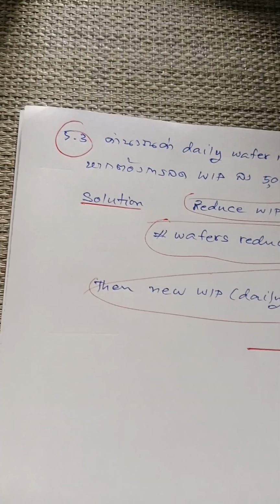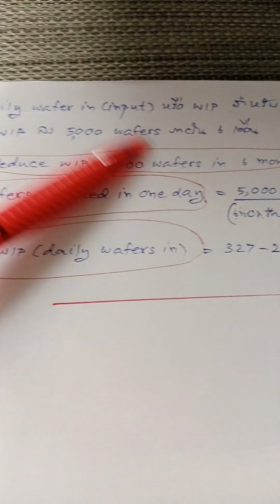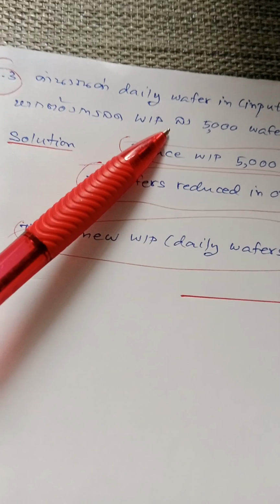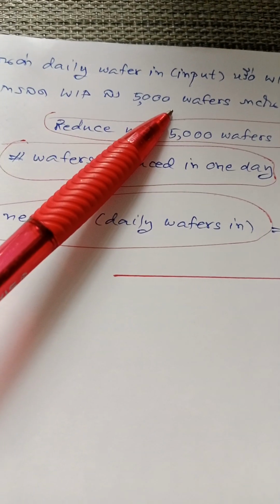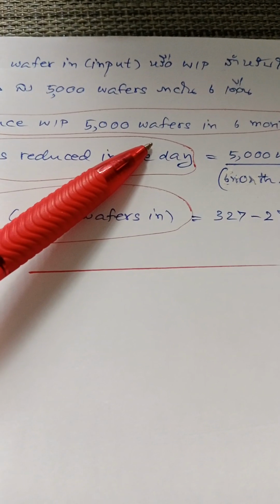Okay, last one. Calculate the daily wafer input, or WIP, for the factory if you want to reduce WIP by 5,000 wafers in 6 months.